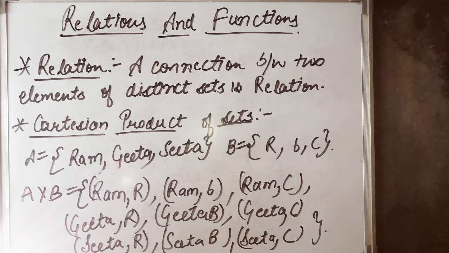And the Cartesian product also gives us the maximum number of relations. We can't find more relations than this Cartesian product.